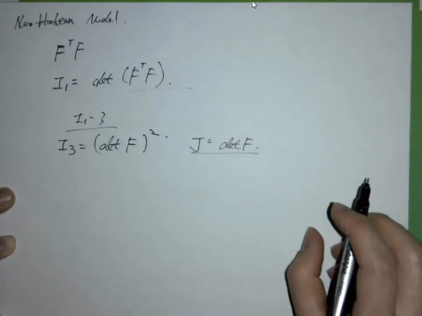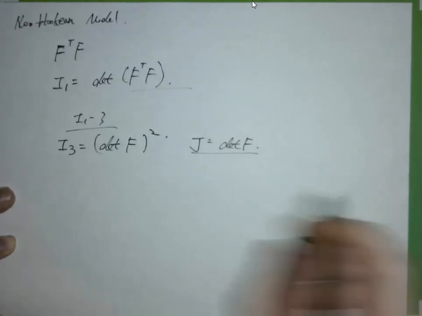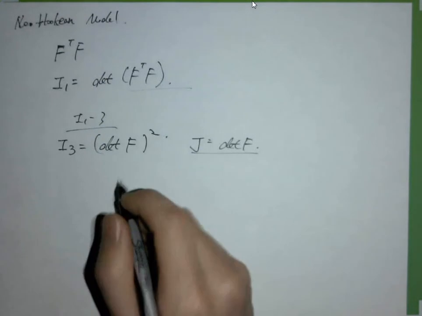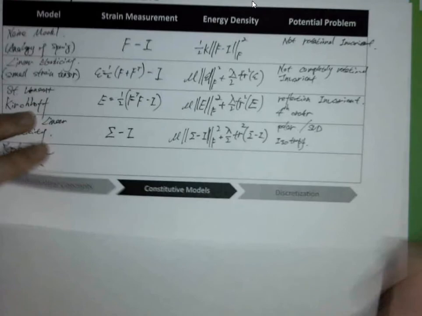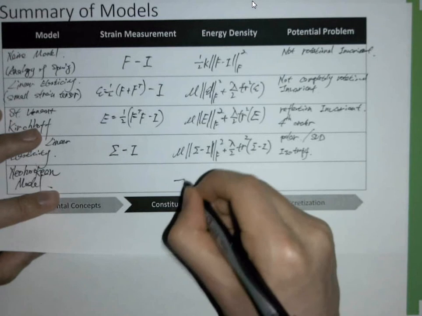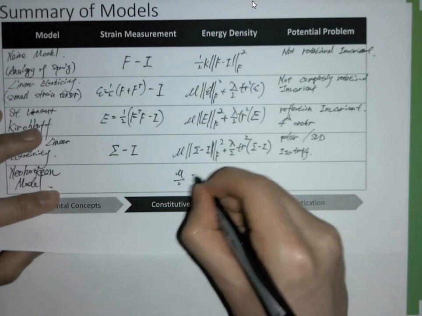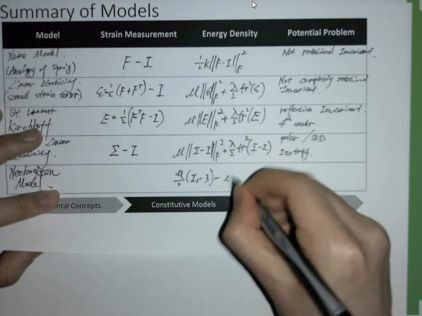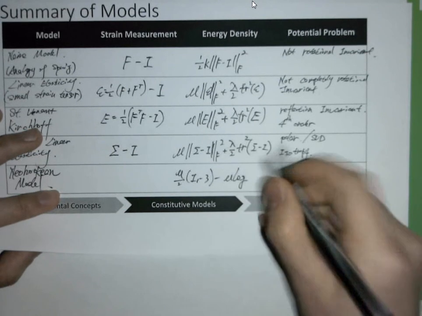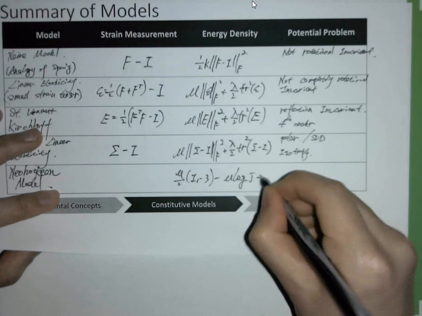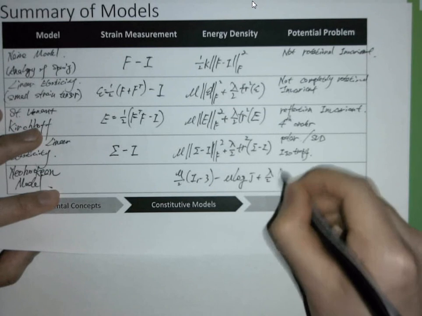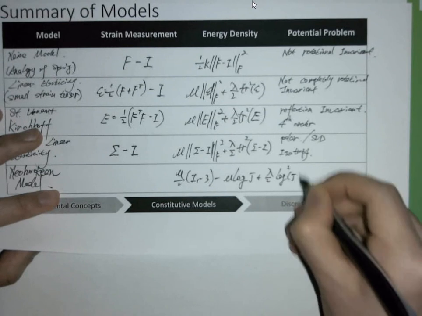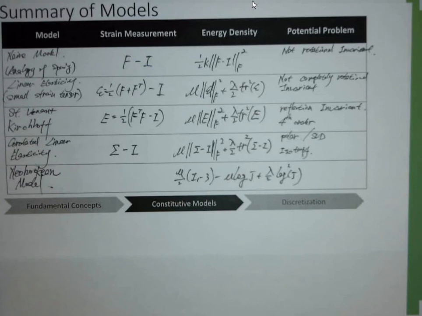So the Neo-Hookean model simply puts the energy like 1/2 of mu times (I1 minus 3) minus mu log J plus 1/2 of lambda log squared J. This is definitely more complicated, but think about it one by one.